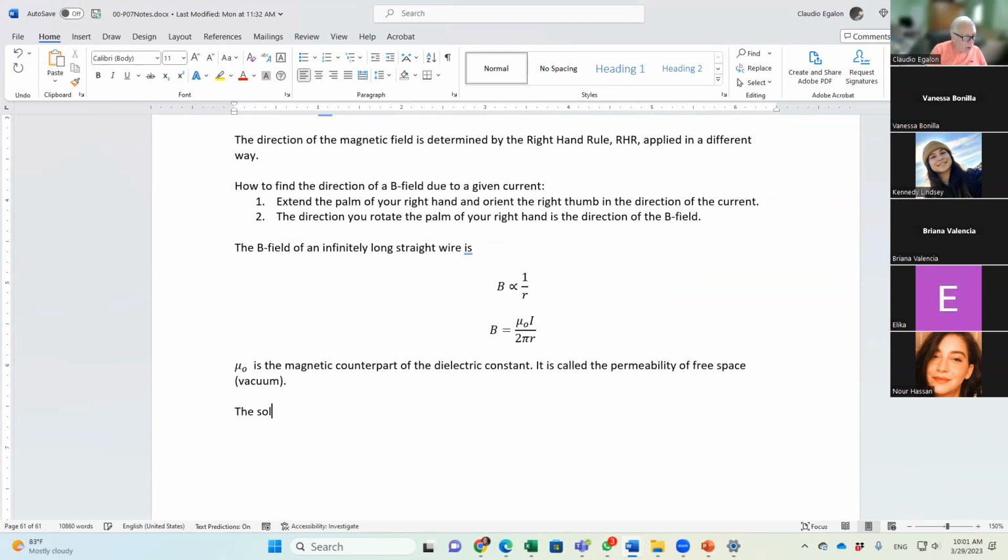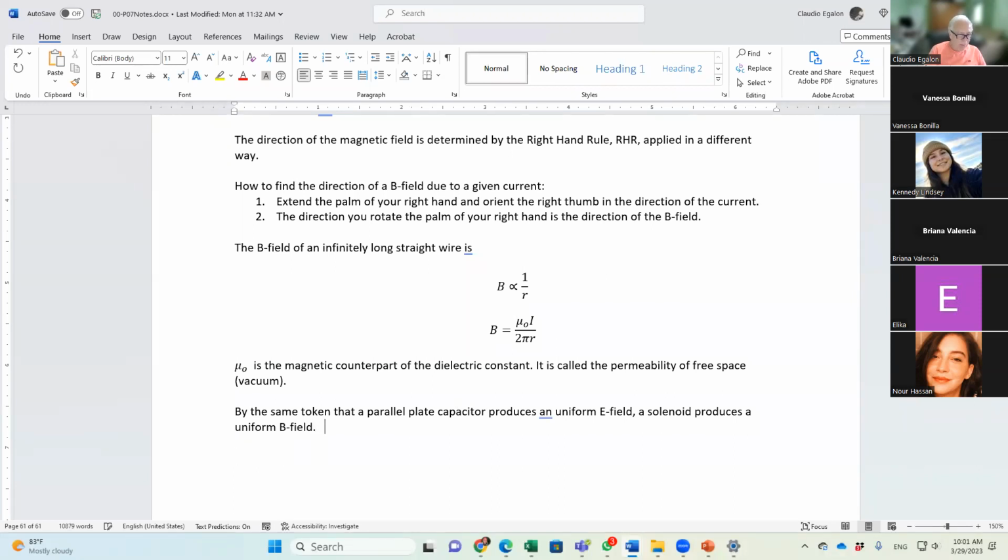By the same token that a parallel plate capacitor produces a uniform field, a solenoid produces a uniform B field, okay?